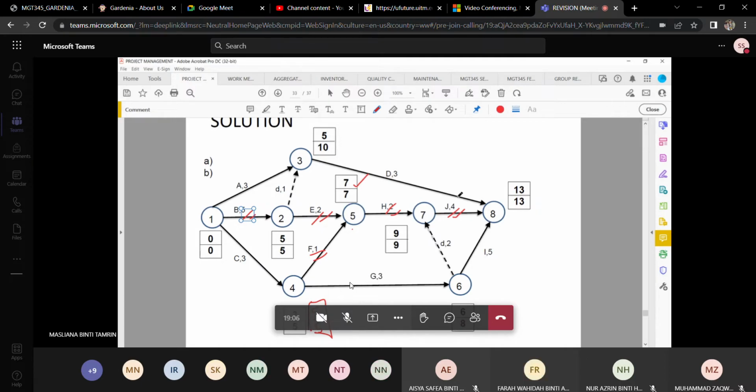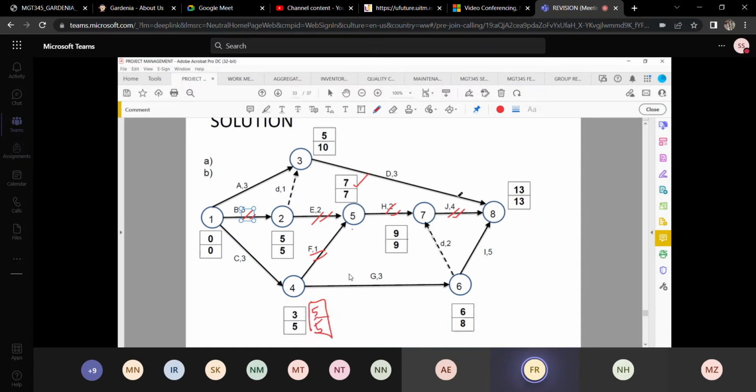BEHJ. Why? Sebab dekat dia highest kat situ 7. Dia highest dekat sini 7. Because actually it intersects dekat 5 ni kan. Dia bertembung dekat sini, right?